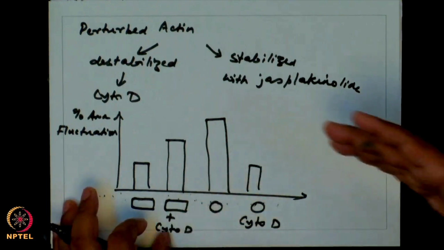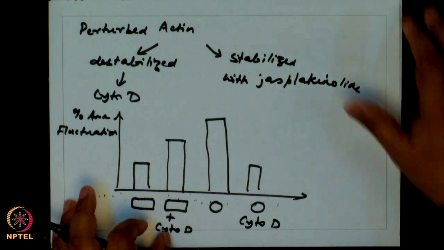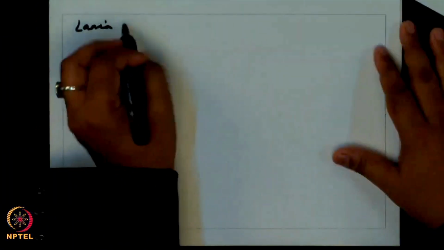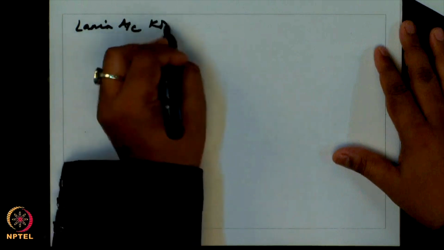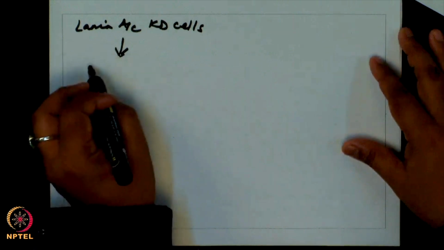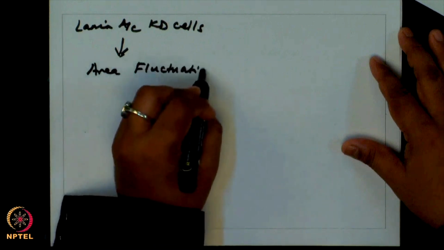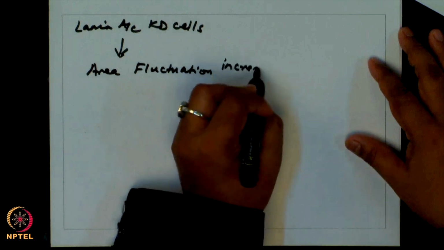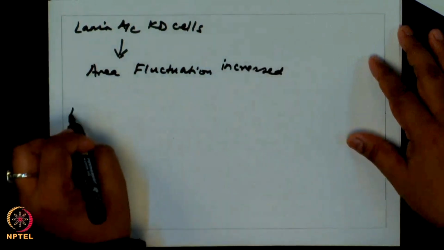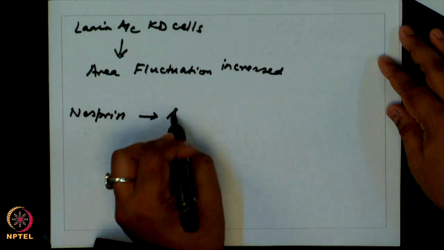So, this suggests that the effects of these polymerizing drugs are highly non-monotonic. They also did experiments with lamin knockdown cells. They found that on the circular patterns, the extent of area fluctuation increased. They did experiments by perturbing nesprin, and still they observed area fluctuations.